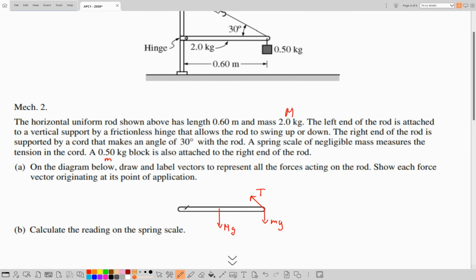Now what about the direction of this reaction? Notice that the tension has a left component and all of these are down, so the reaction should be represented like that, having a right component, because we know that the system is at equilibrium.